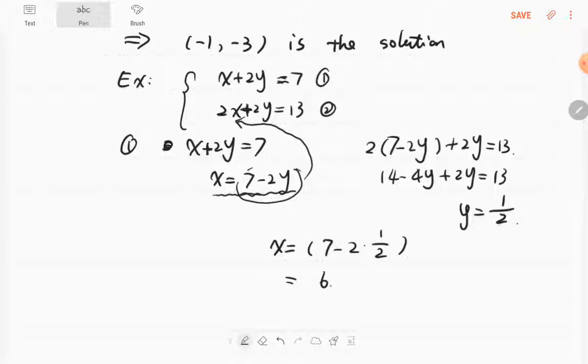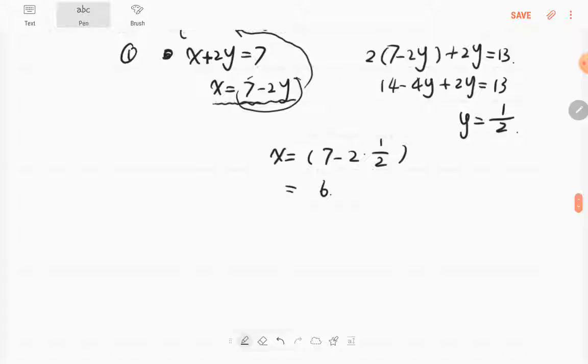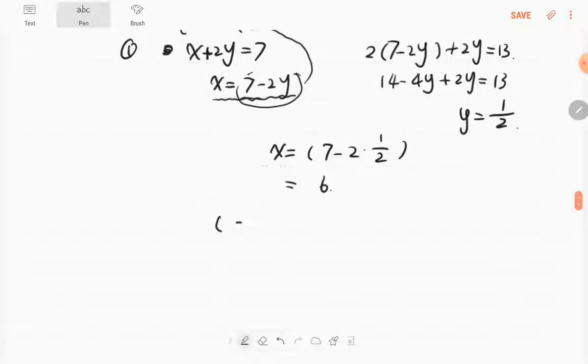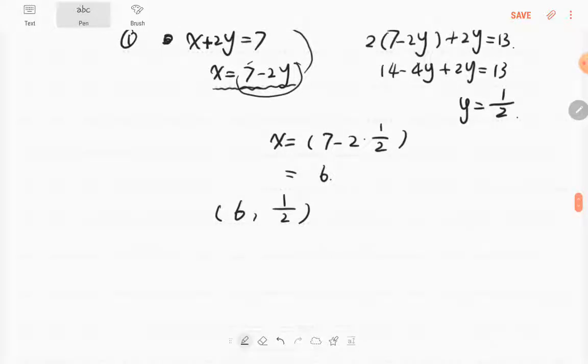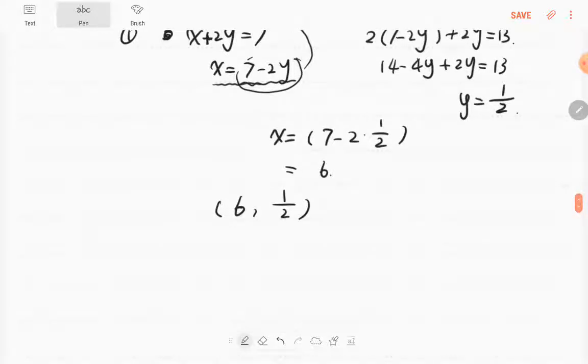After we get the value of y, we go back to any one of the equations with 2 variables to help us solve another variable. Okay, so our ordered pair here is 6, 1/2, but we still need to test, remember?